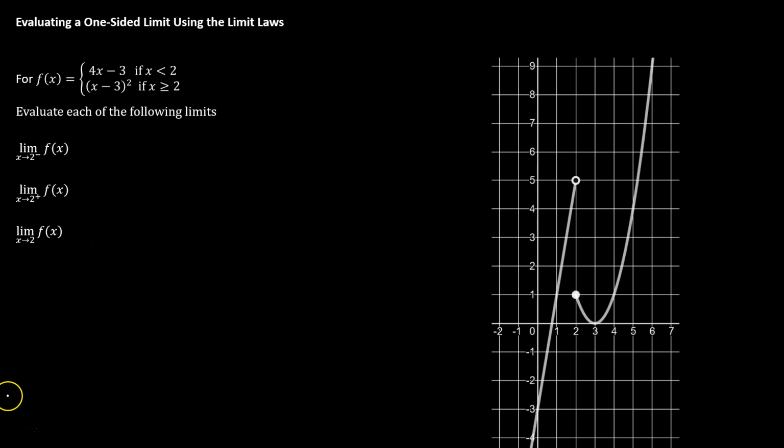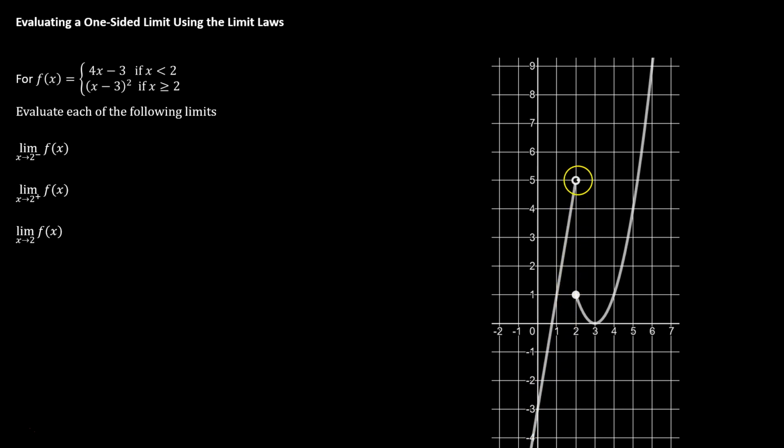Piecewise functions are another case where we need to use one-sided limits to be able to evaluate limits of a function. So we're looking at the function f of x, which is made up of two parts. If x is less than 2, then we're traveling on this straight line defined by 4x minus 3.